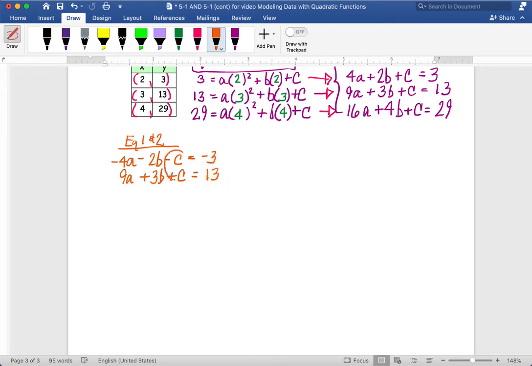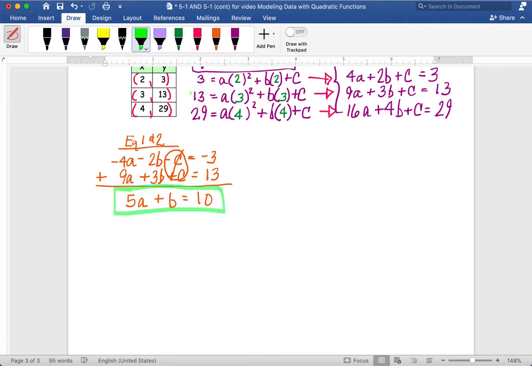I've got my opposites right here. They're gone. Now I'm going to add. -4a plus 9a is 5a. -2b plus 3b is plus 1b. -3 and 13 is 10. I need this.